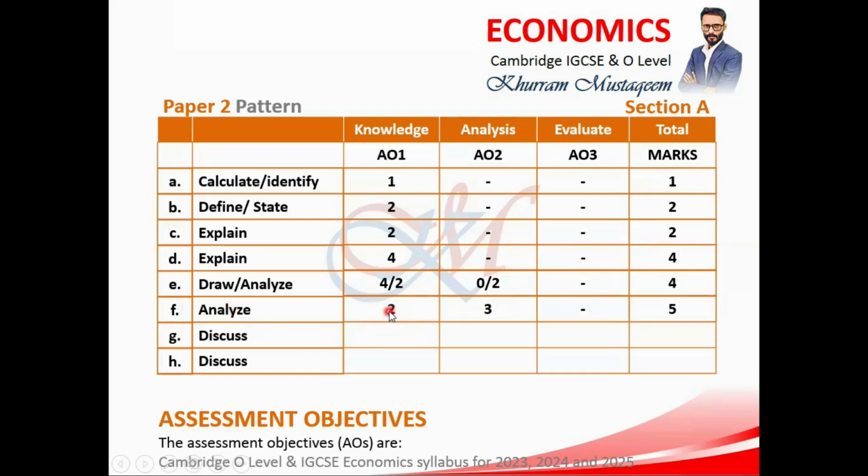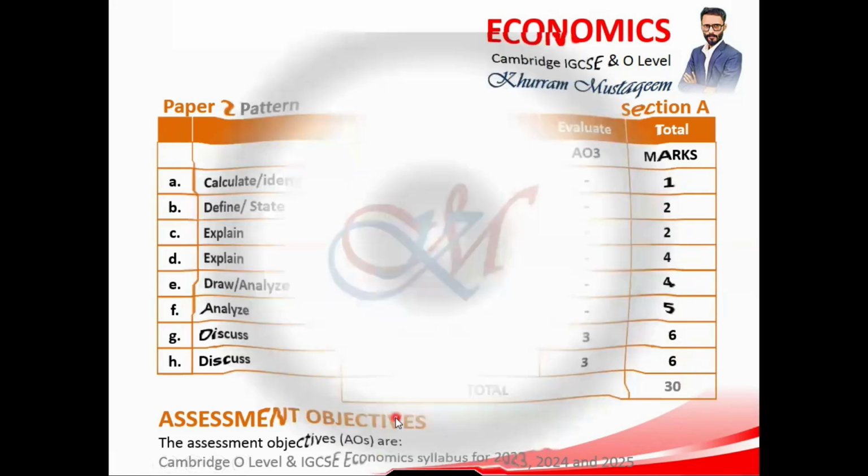You will get 2 marks for knowledge and 3 marks on the basis of analysis. You will get 5 marks. Discuss, 3 marks for analysis, 3 marks for evaluation, 6 marks. By adding all these marks, you will get a 30-mark question from section A.